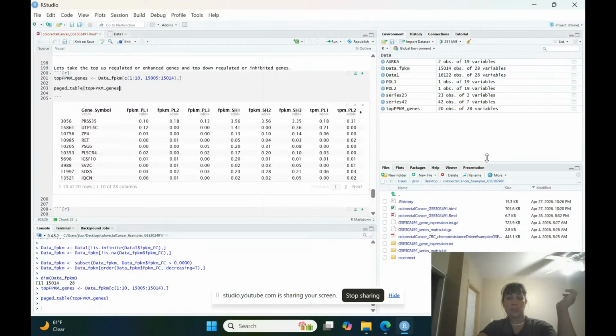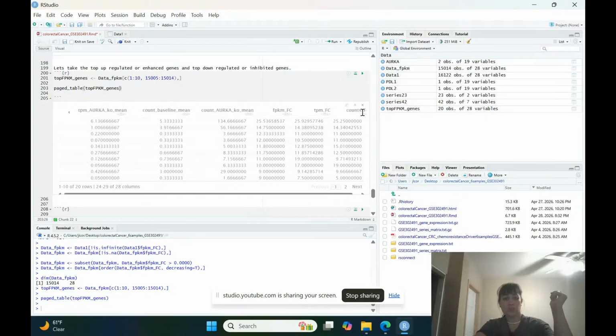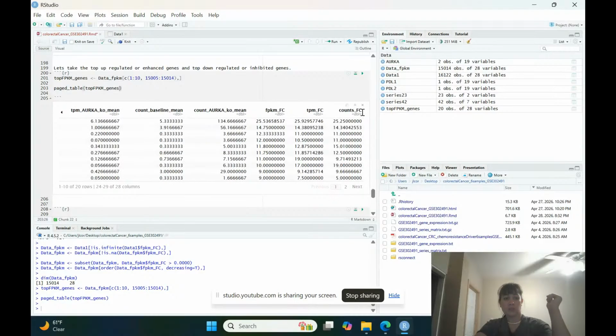There should be 20 genes. These are our top genes. Let's look at them. Anything sticking out? Useful things? Not really. It is ordered by the FPKM.